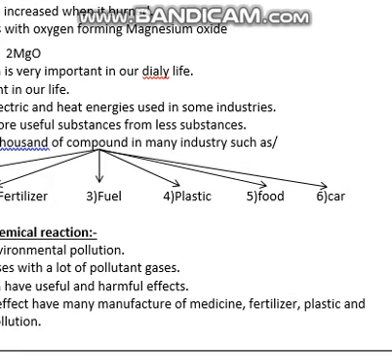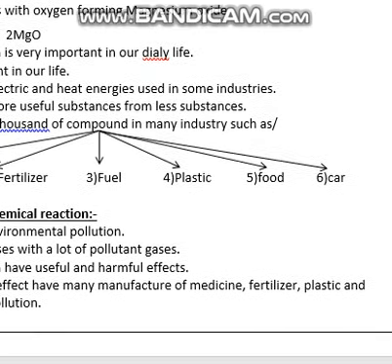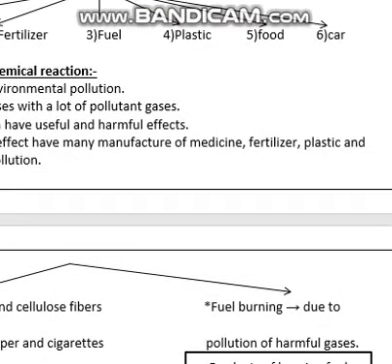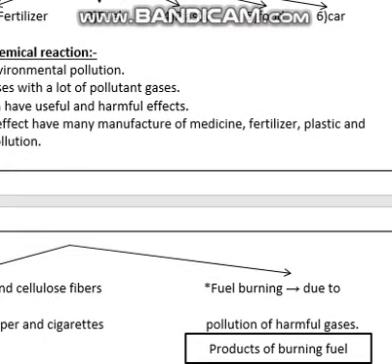This is the usefulness of chemical reactions. Another point is the negative effect of chemical reactions: they cause pollutant gases or environmental pollution. So give reason: chemical reactions have useful and harmful effects, because the useful effects include many manufactures of medicine, fertilizer and plastic and so on.